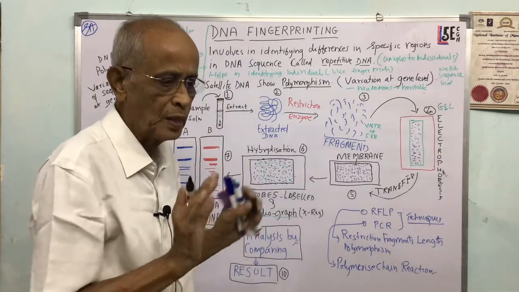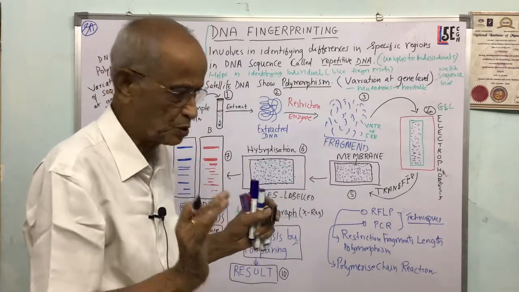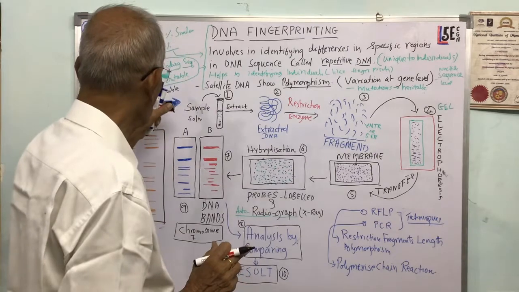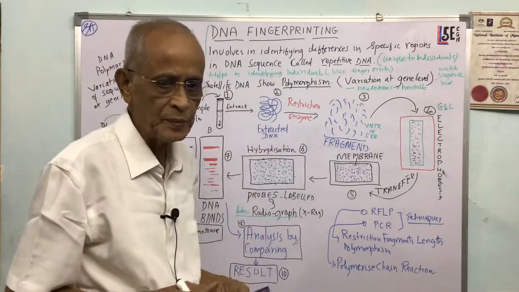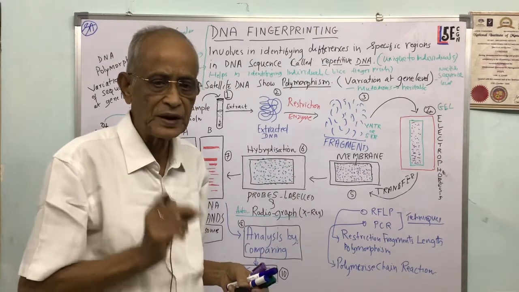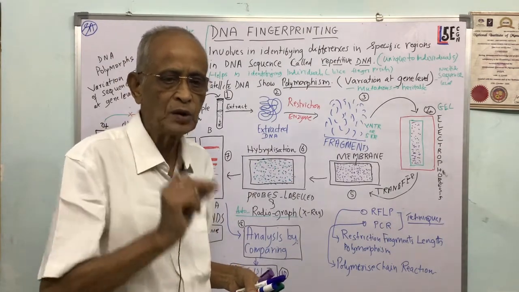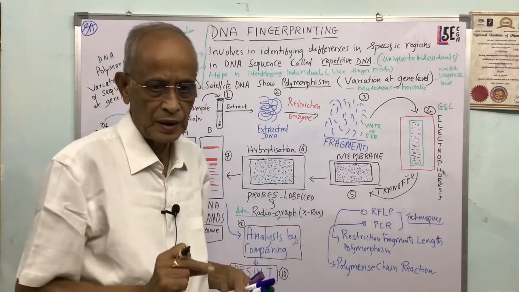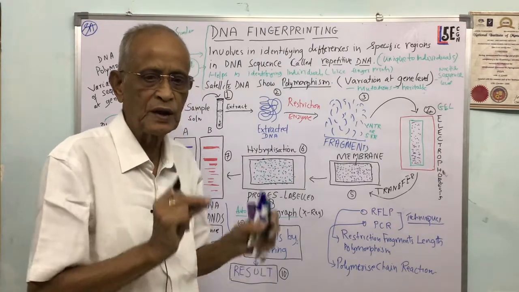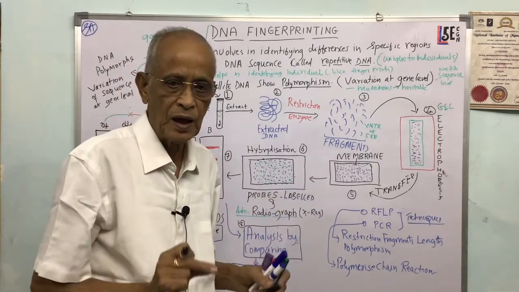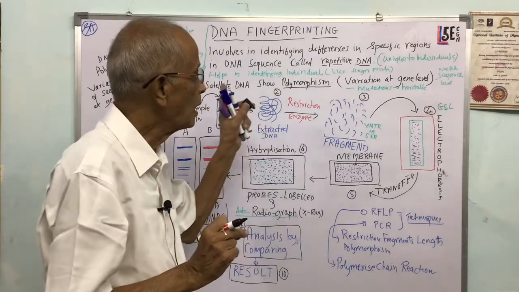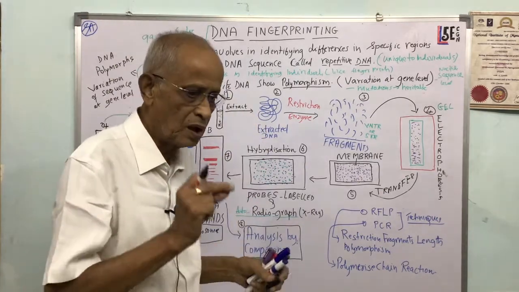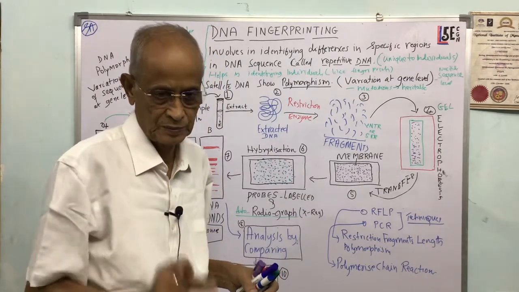That is the introductory part for today's work, and we know very well that the repetitive DNA, what we call satellite DNA, is non-coding DNA. It will not code for any amino acids, but the non-coding regions are inheritable.